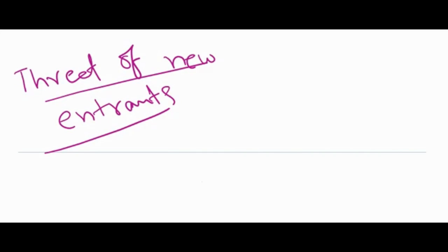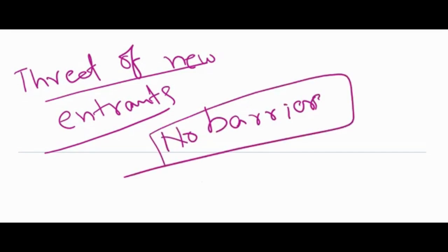When new entrants come, if there are not many barriers to enter into your business, for example, you don't need a lot of investment to enter into this particular business, then you will have a lot of new entrants, thereby your competition will increase, right?